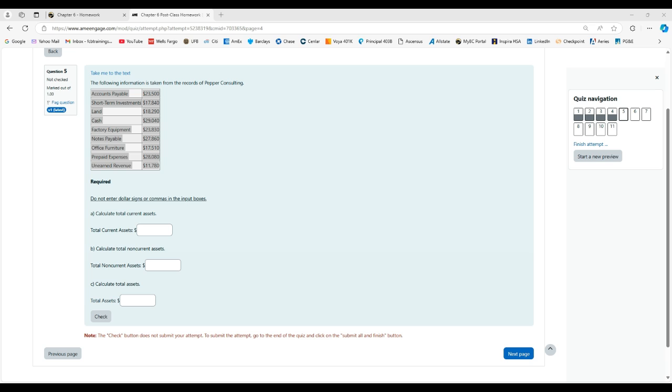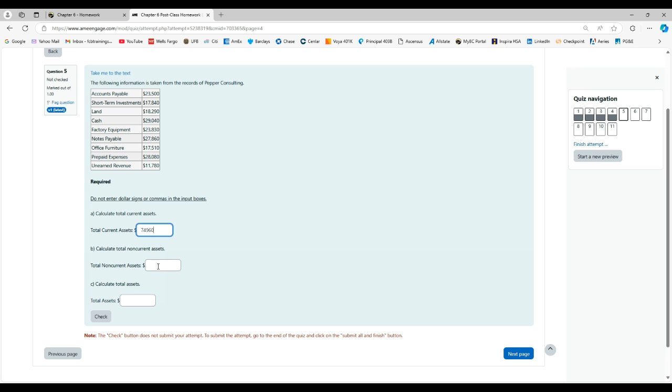Okay, I'm just summarizing these real quick in my little spreadsheet off to the side. Okay, so what I show for total current assets is, like I said, cash, prepaid expenses, and short-term investments. And we know it's current because they're the short-term version. If it was just investments or long-term investments, those would be non-current, right?